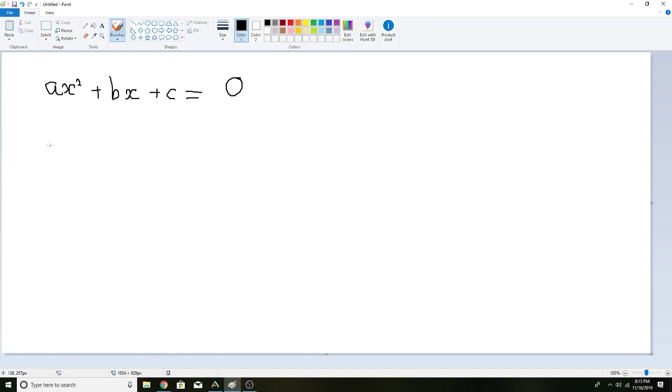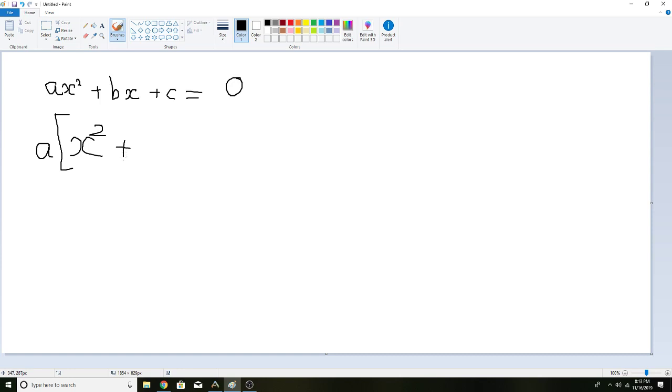When we complete the square, we take the coefficient of x squared out of the equation. If we do that, we put this in square brackets, and we get x squared by itself. But we also have to take out a out of bx and c too, or it won't work properly.